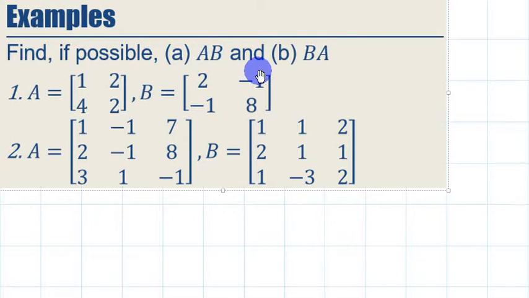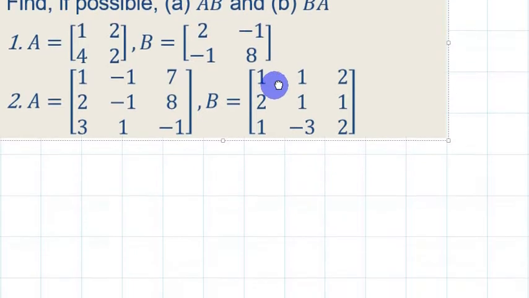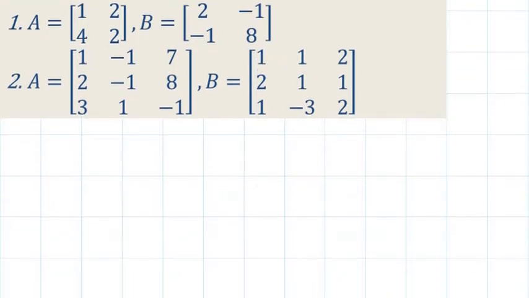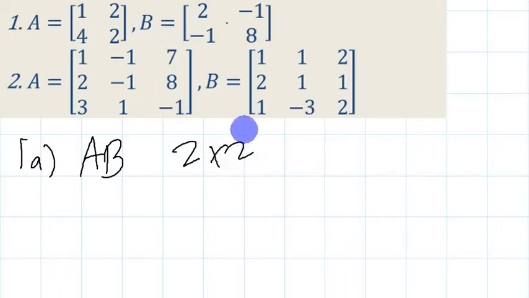Alright, so first let's do number 1. 1A, AB. We try to see if we can find this product. Take note that we have to double check whether or not it's actually possible to perform the matrix multiplication by comparing the sizes of our matrices. A is 2 by 2 and B is also 2 by 2.